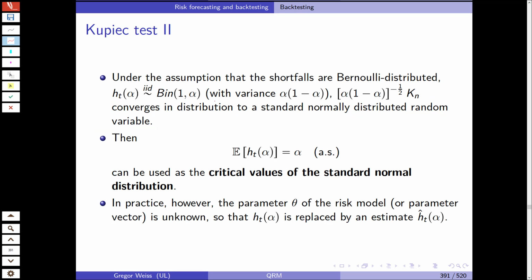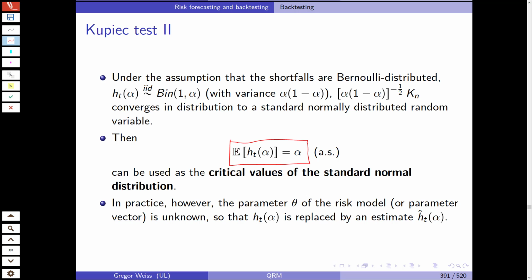And what is true is, under the assumption that the shortfalls are Bernoulli distributed, so that HT is IID Bernoulli distributed, or binomially distributed with 1 and alpha, you can show that this converges to a standard normally distributed random variable, and then you can check this hypothesis that the expected shortfall probability is alpha.